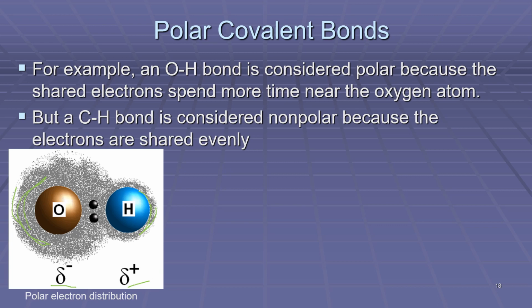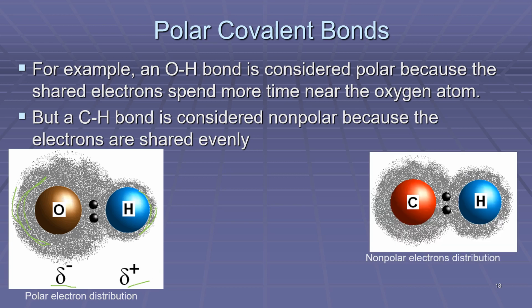This is the little delta sign, the lowercase delta sign in the Greek alphabet, and it just means partial or change in. So the hydrogen is partially positive, the oxygen is partially negative, and this is called a polar bond. It's still covalent because they're still sharing electrons, but it's polar.